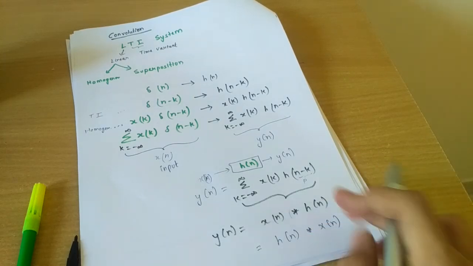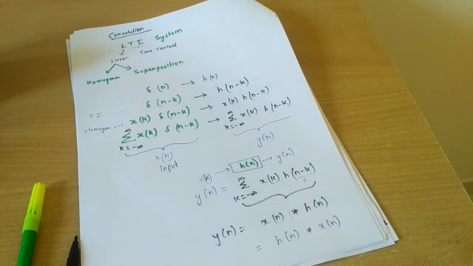So it also means that it satisfies the commutative property, right? Similarly, the associative and distributive properties are also satisfied by convolution, and you can clearly cross verify that. So this is the simple proof of why the LTI system response is given by convolution.